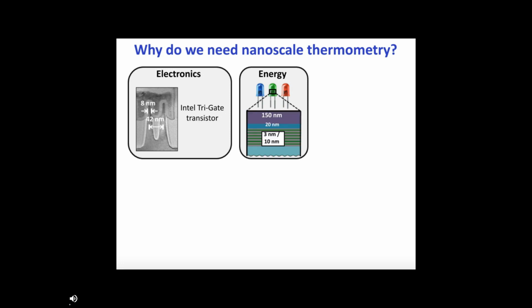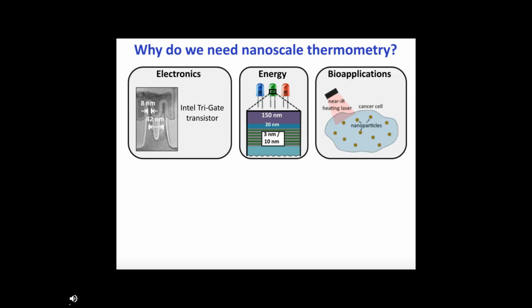That's because LEDs are semiconductor devices that contain many thin layers, some of which are only a few nanometers thick. Although LEDs are a lot more efficient than incandescent bulbs, they still waste typically at least 10% of their input energy as heat. An LED operating above its maximum rated temperature can suffer huge performance and reliability losses. Even a 10-degree increase can cut the lifetime of an LED in half.